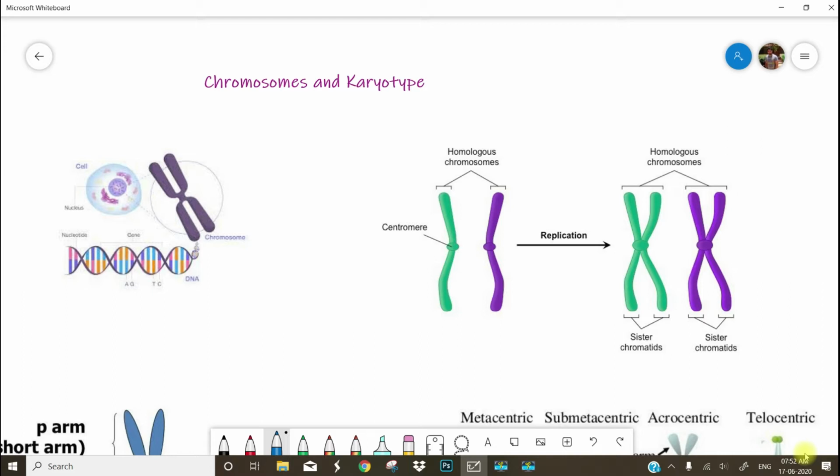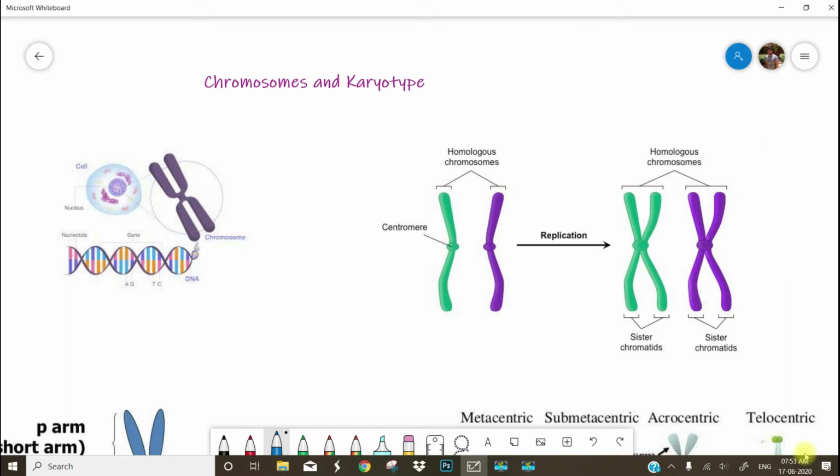Well, now you know how 2-meter long chromatin gets condensed and packed up inside the cell nucleus of just 6 microns. You also know chromosomes are made up of DNA and histone proteins, and the classical X-shaped chromosome structure is more visible at the metaphase stage of cell division.